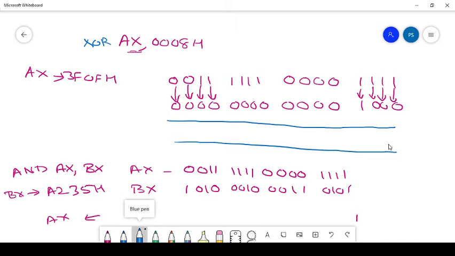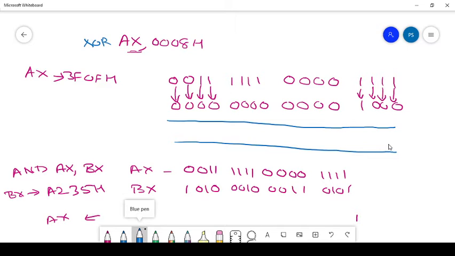There is another instruction, NOT AX. For example, the content of AX is 3A02H. 3 you can write as 0 0 1 1, A you can write as 1 0 1 0, 0 as 0 0 0 0, 2 means 0 0 1 0.